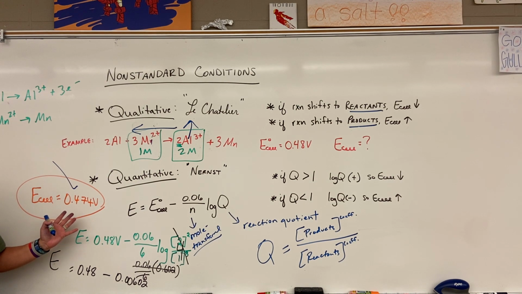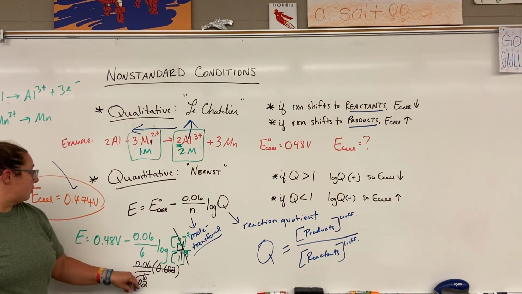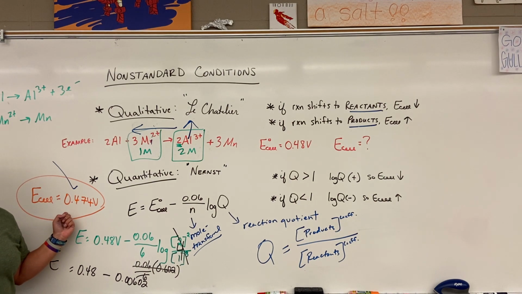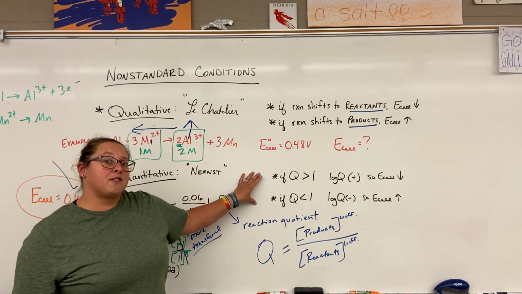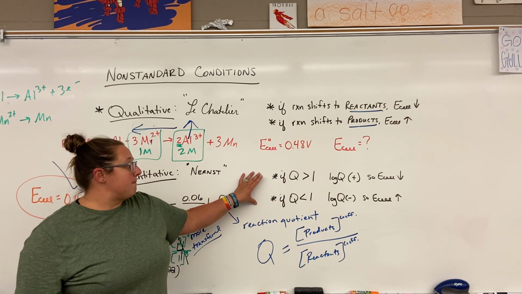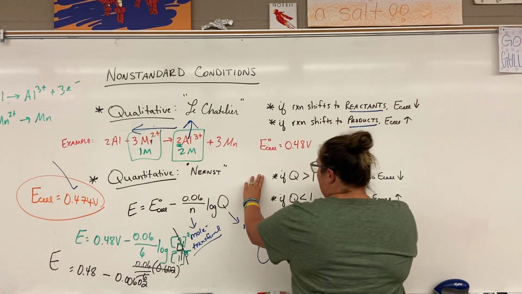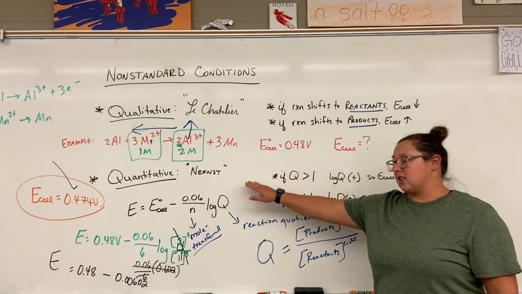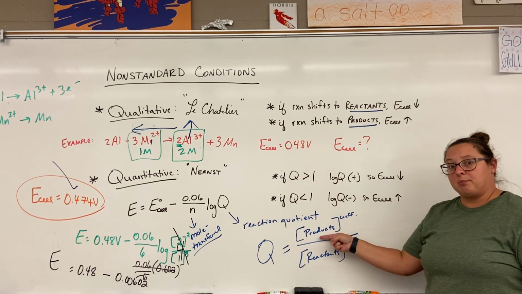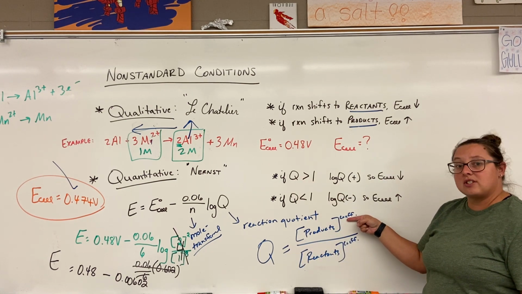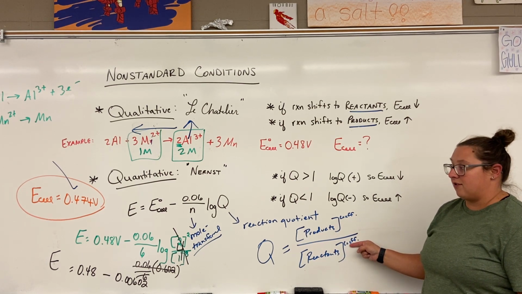Now, sometimes on free response, they don't want you to arrive to a final answer. Instead, they want you to predict in terms of Q. So I have a couple of mathematical tricks for you here. All you have to do to answer this question using Nernst is to calculate Q. And remember, we calculate Q with our products' concentration raised to its coefficient divided by the reactants' concentration raised to its coefficient.